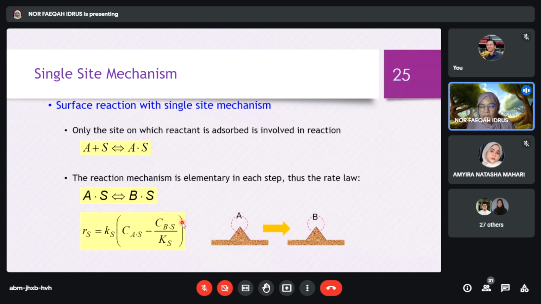Capital Ks is the surface reaction equilibrium constant, because it is the same as the reversible reaction that you have learned in Reaction 1. So this is how we write the rate law equation for the reaction. Okay, so this is for the single site mechanism.